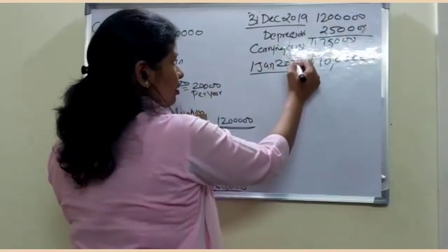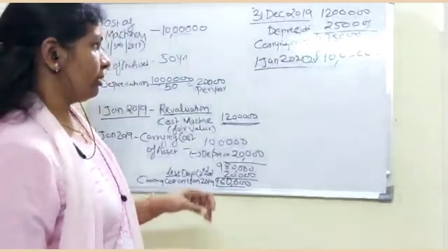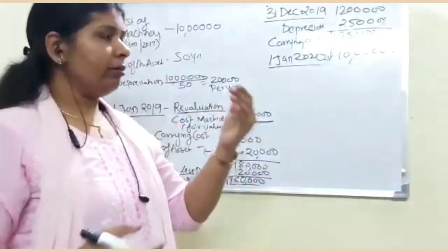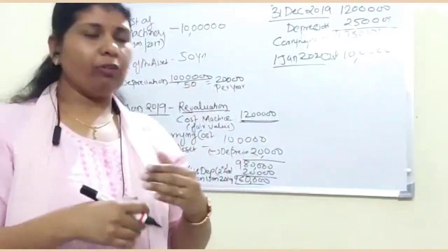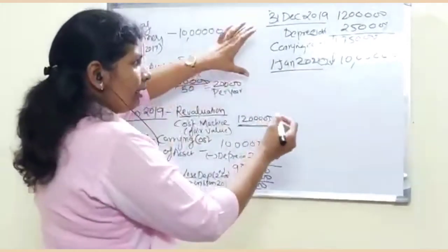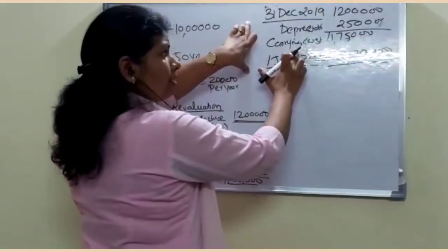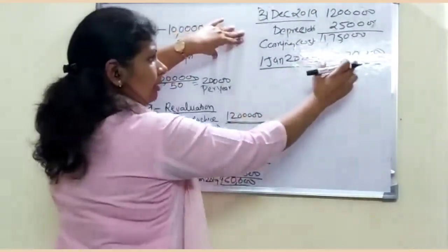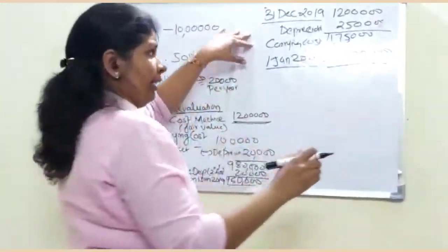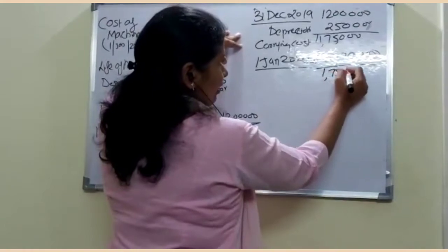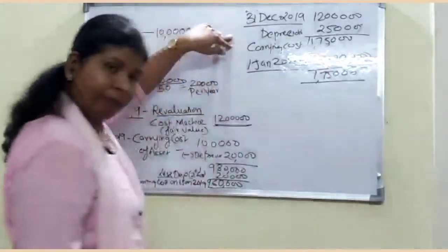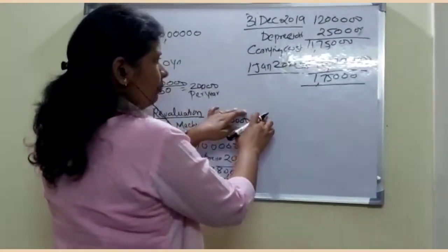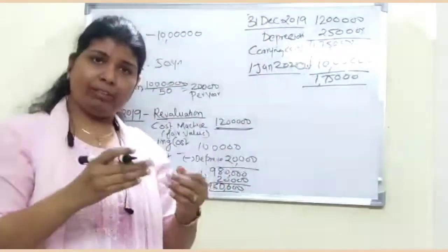So in 2020, the cost of the asset came down to 10 lakh rupees from the carrying amount. What is the difference exactly? The carrying cost at the end of the year is 11,75,000, and on 1st January 2020 the cost came down to 10 lakh rupees, so the difference is 1,75,000.